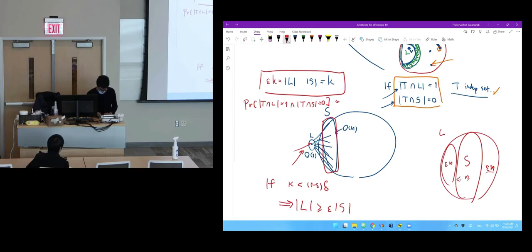So if this is less than 0.9 n, then this is going to be at least like 0.1, 0.01, something like n, and you are fine.